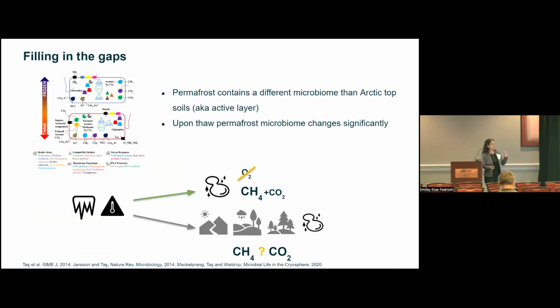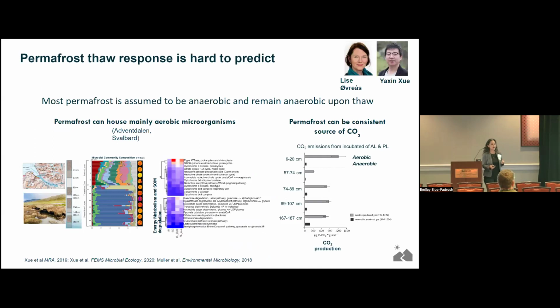So the easiest thing to figure out is that if it gets wet, it's probably going to take in a lot of input as methane. So I'll talk to you a little bit about that. And then what happens to the remainder of the landscapes is an active area of research. But permafrost thaw response is very, very hard to predict, even with the help of microbiology.